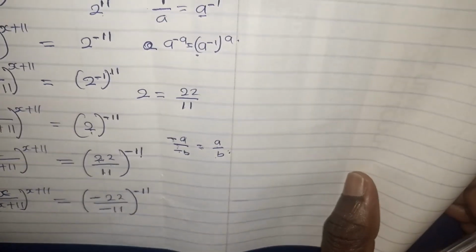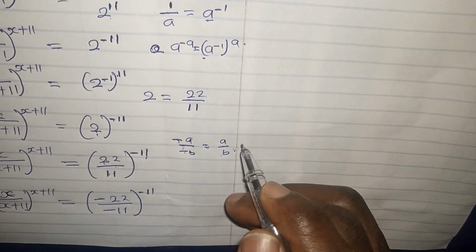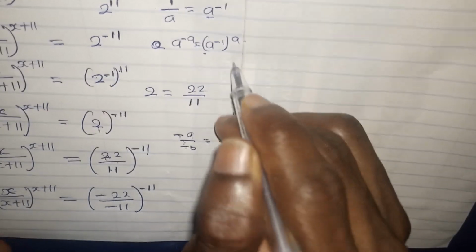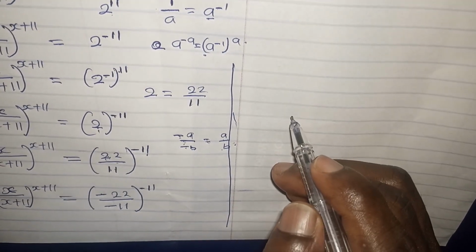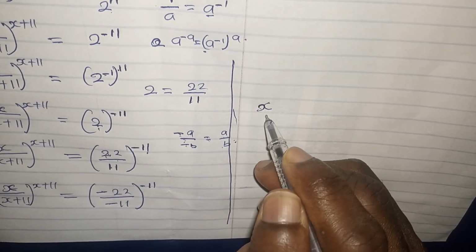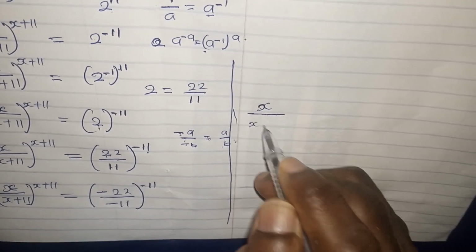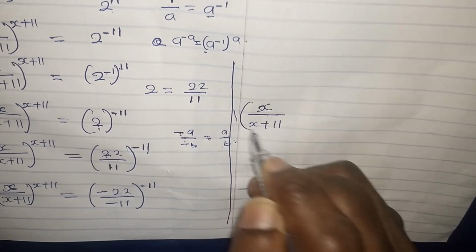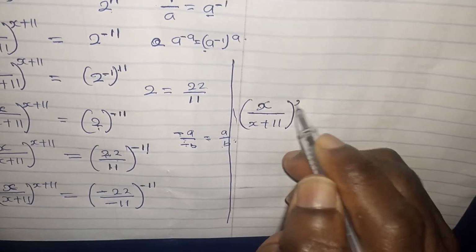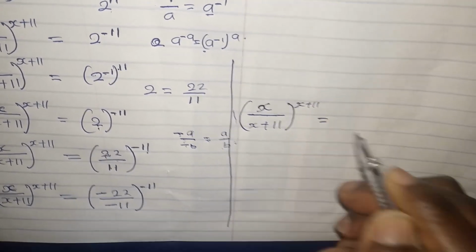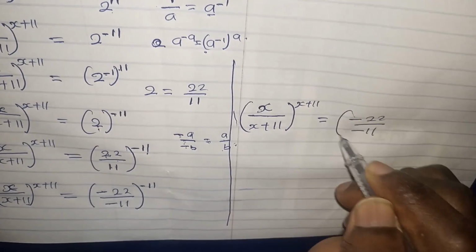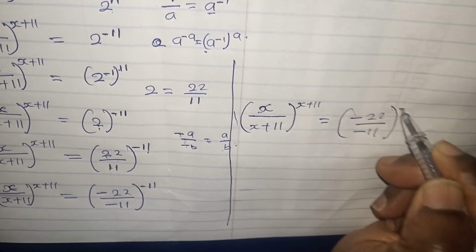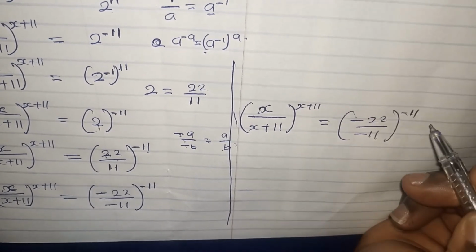So if you come further to this part, we are now having (x over x plus 11) all to the power of x plus 11 equals to (negative 22 over negative 11) all to the power of negative 11.